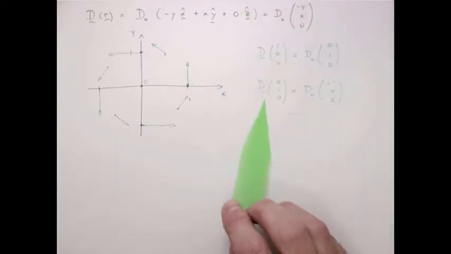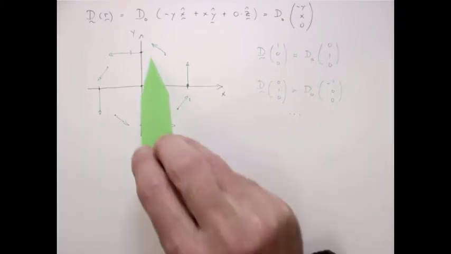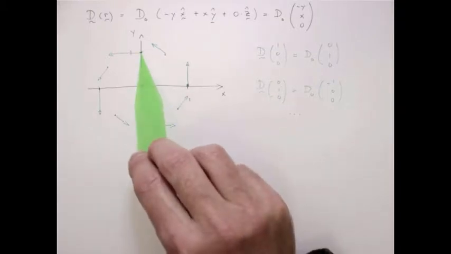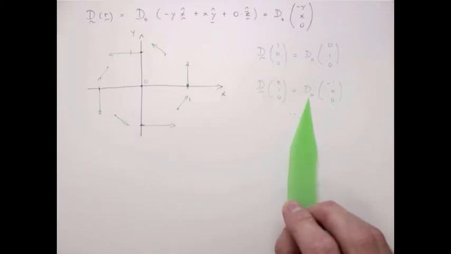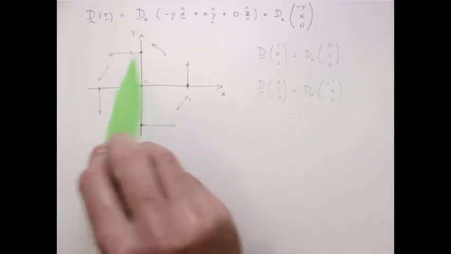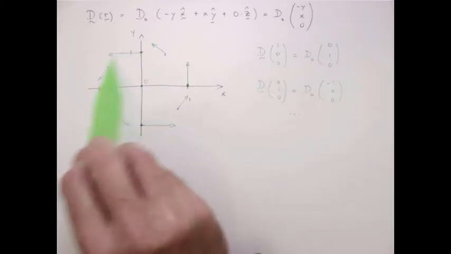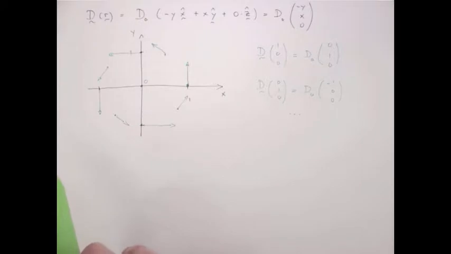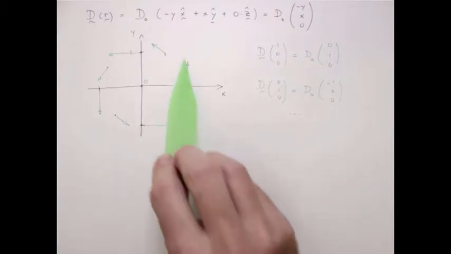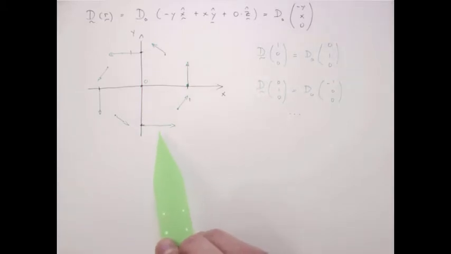Similarly, if we go to position (0, 1, 0), 1 on the y-axis, which is up here, then the field vector is D0 times (minus 1, 0, 0), minus 1 in the x direction but 0 for y and z, which gives us this vector. And very quickly one can see that this kind of rotational field arises.